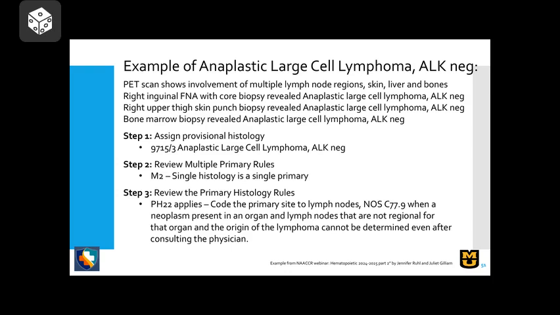Review the primary histology rules. Rule PH22 applies. Code the primary site to lymph nodes NOS, C77.9, when a neoplasm is present in an organ and lymph nodes that are not regional for that organ, and the origin of the lymphoma cannot be determined even after consulting the physician.